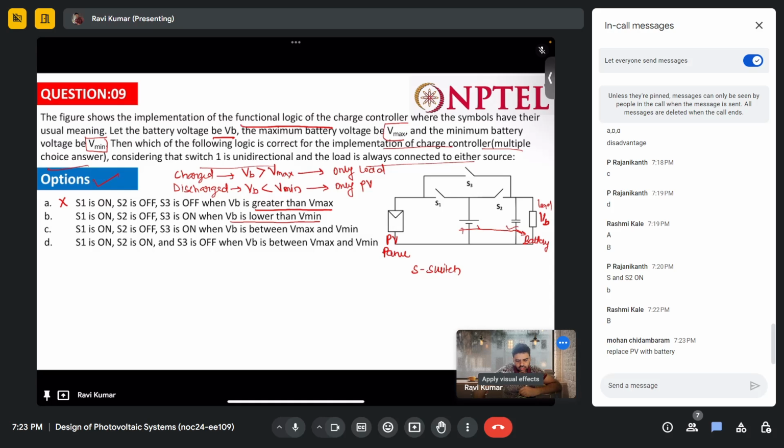This is the battery. This is the capacitor. Okay. Yes. S1 is on. Replace PV with the battery. Why we need to replace?